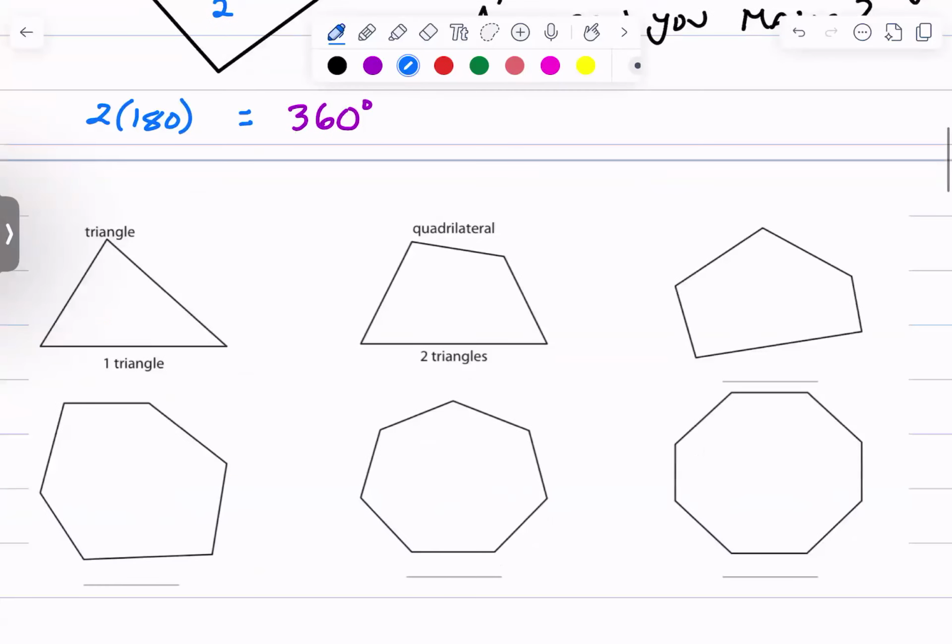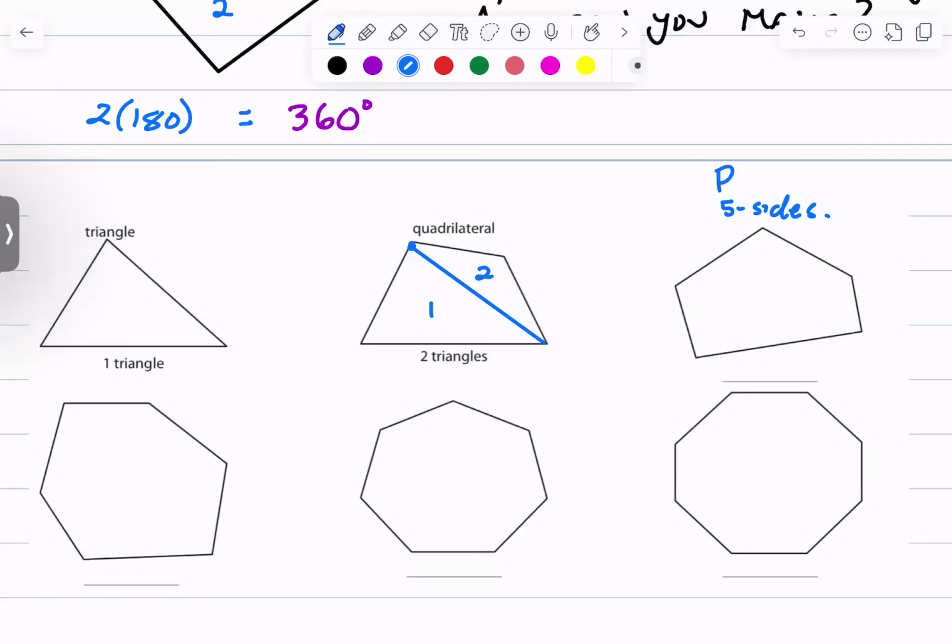So we're going to use that. So let's get the number of triangles here. Triangle has one triangle. We already said that quadrilateral has two triangles, right? One, two, non-overlapping ones. A pentagon, there's 5 sides here.